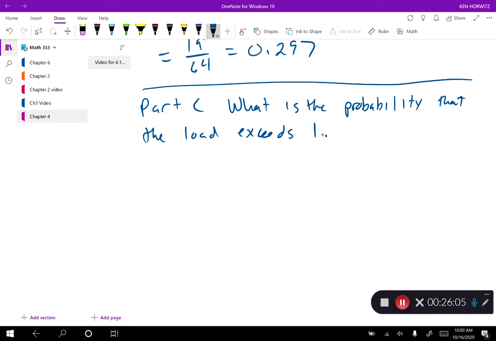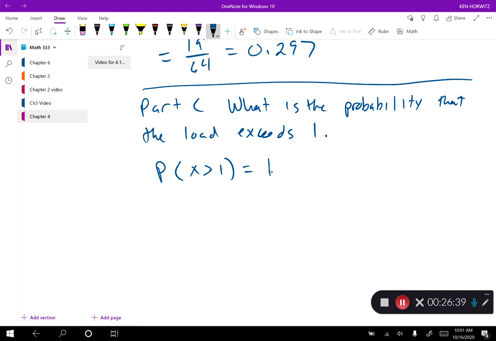Very similar strategy. But we're going to set it up a little bit differently. So I want the probability that x is just greater than 1. All right. Well, again, I want to use my CDF. I'm just going to use it in a slightly different way. If the load exceeds 1, but remember, it can go up as high as it wants to go. Our function goes between 0 and 2, but after 2, we still keep going.